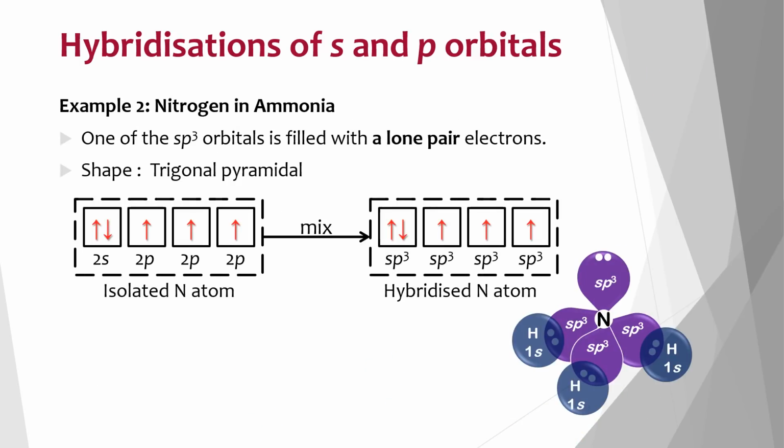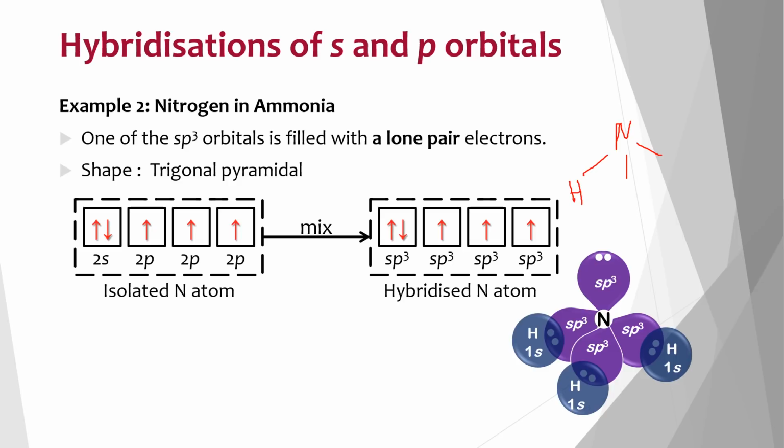Another example of hybridization is the hybridization for nitrogen in ammonia. One of the sp3 orbitals is filled with a lone pair of electrons. As you can see from the Lewis structure of ammonia, the nitrogen is the central atom.